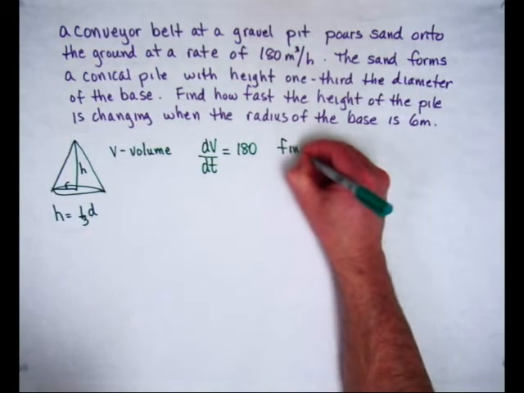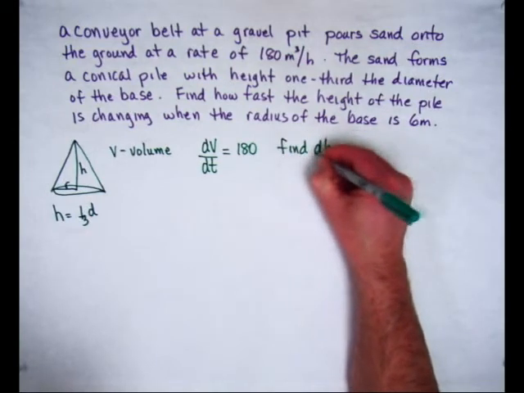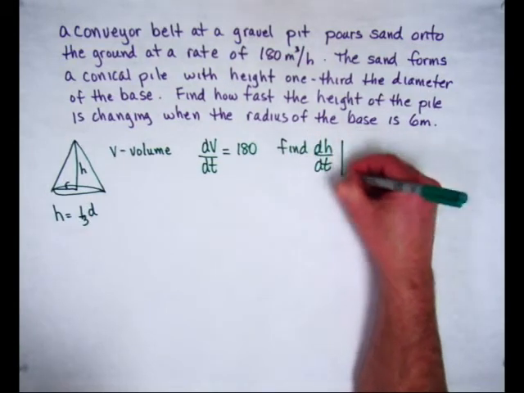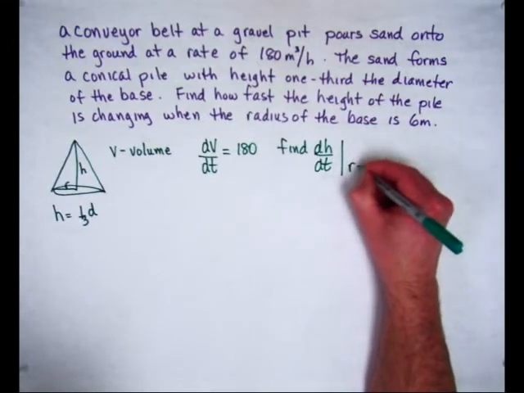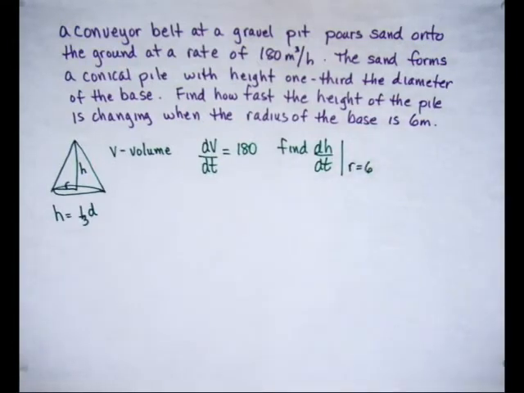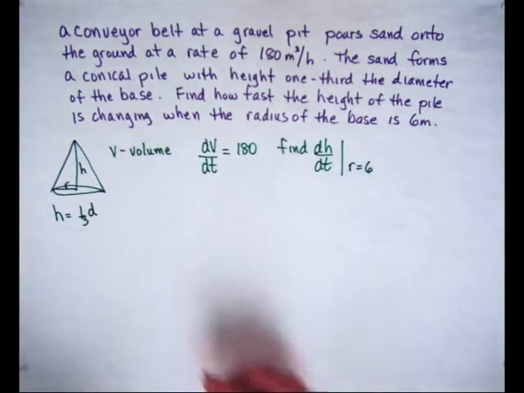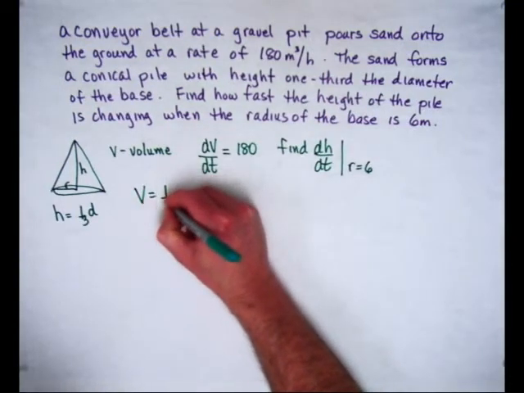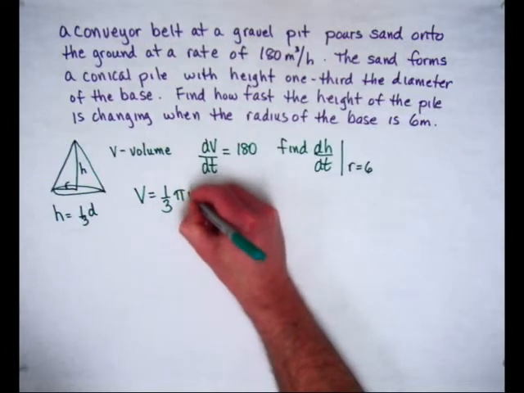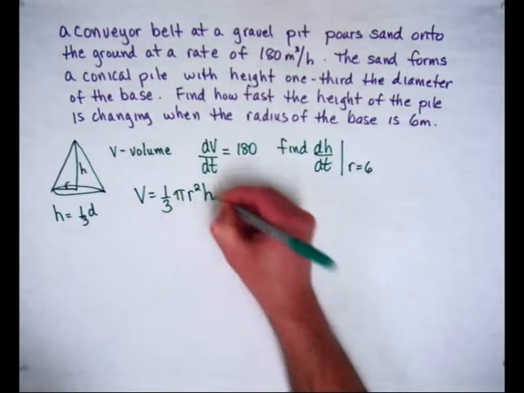So the question wants us to find dH/dt when the radius of the base is 6, when r is 6. The relationship between the variables is a known formula. It's the volume of a cone. The volume of a cone is 1/3 pi r squared h.